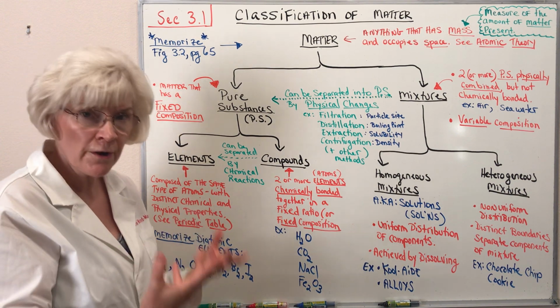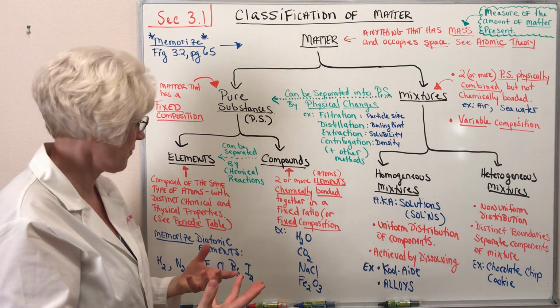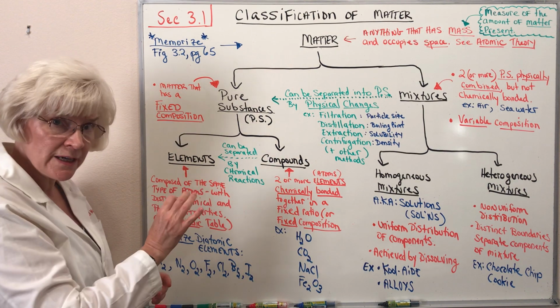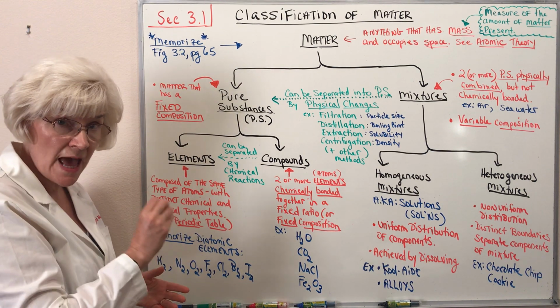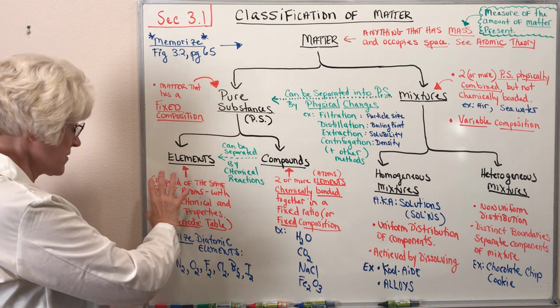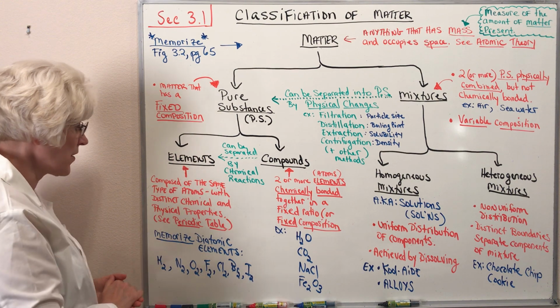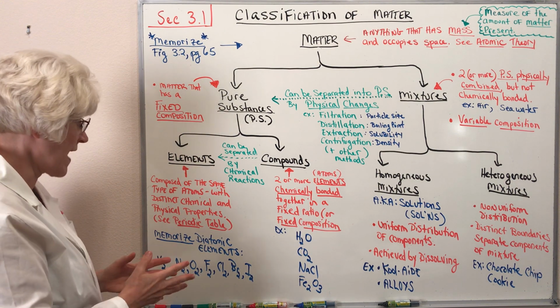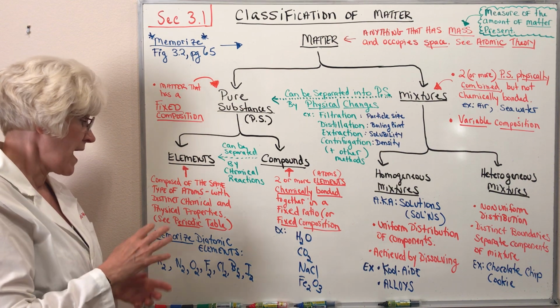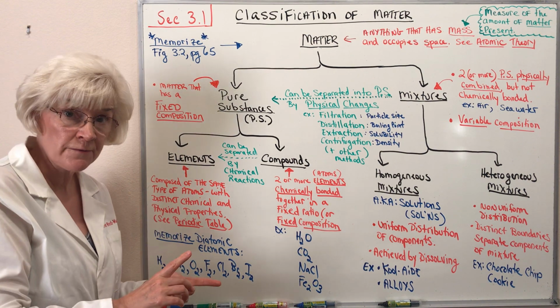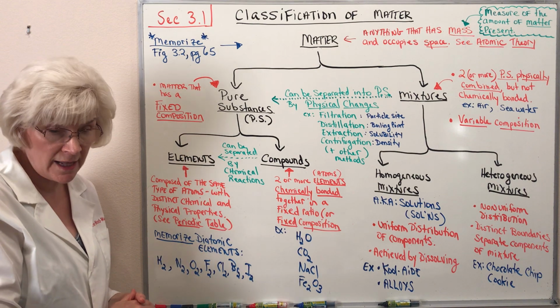So we've heard the term elements before, but now we're going to take a closer look in this class at the atoms that make up elements. So you see that elements are composed of the same type of atoms. That means atoms which have distinct chemical and physical properties different from atoms of other elements.